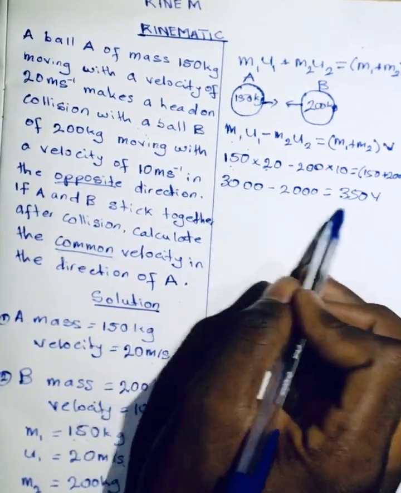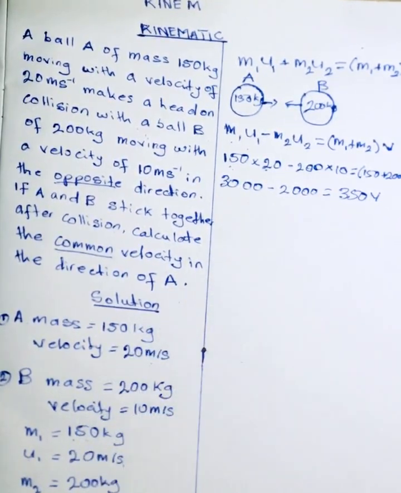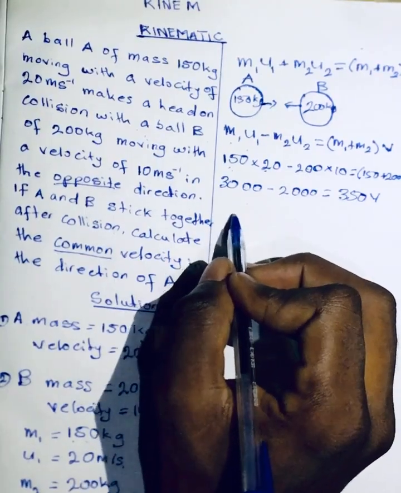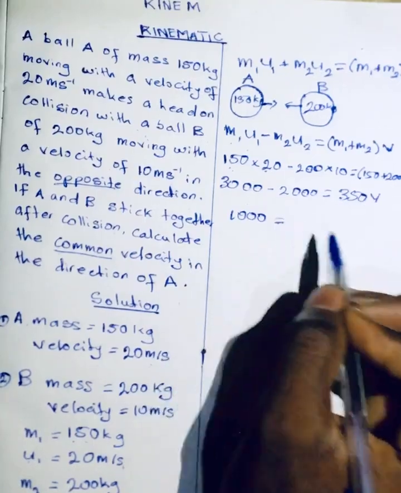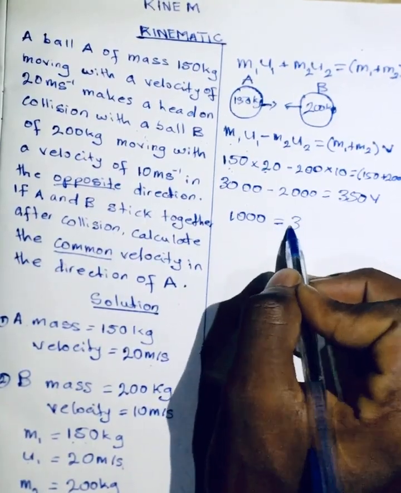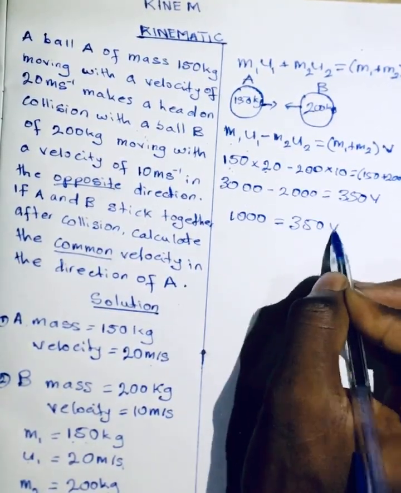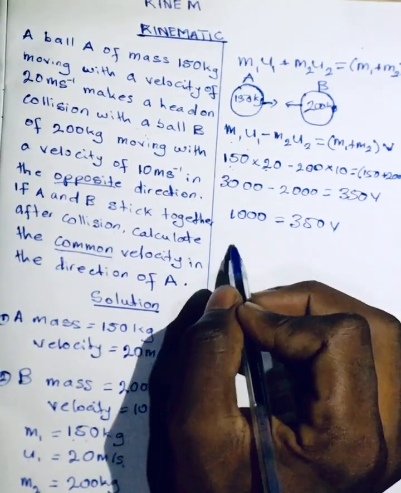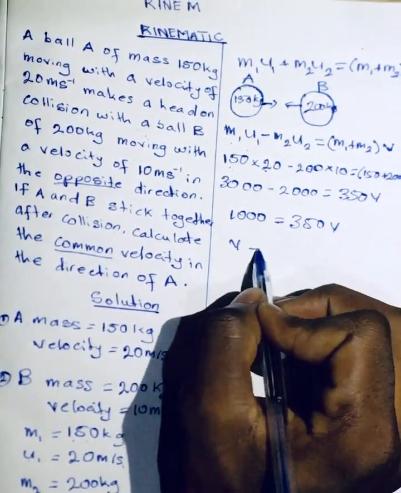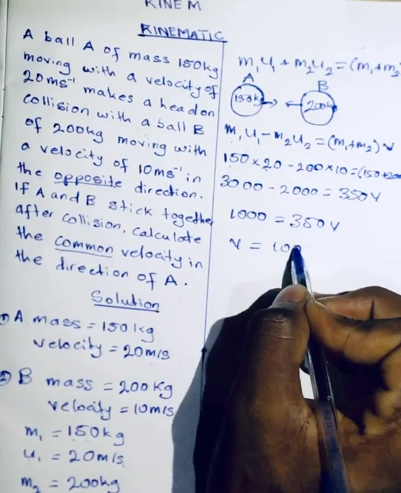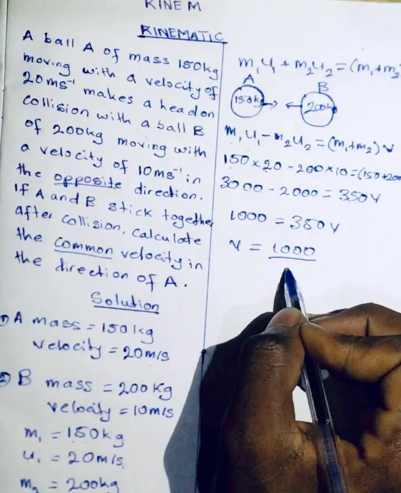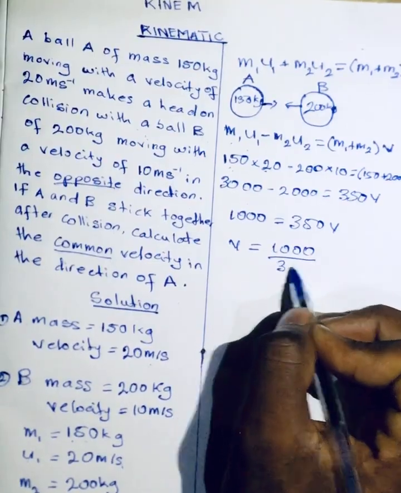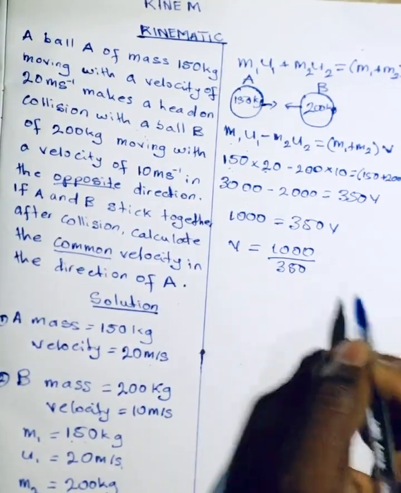Then let's simplify this. We have 1000 equal to 350 V. So V will be equal to 1000 divided by 350.